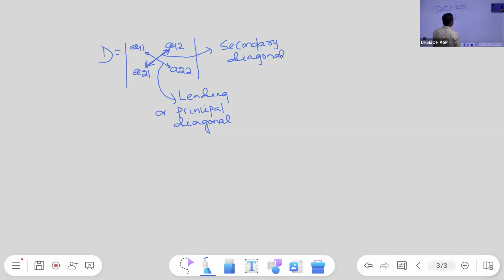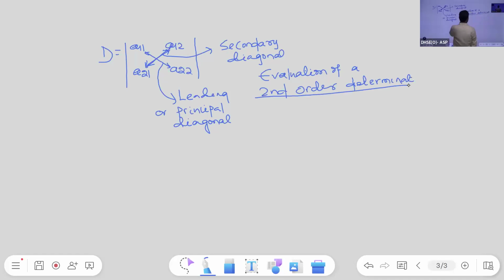Then come to evaluation of a second order determinant. D equals A11, A12, A21, A22.